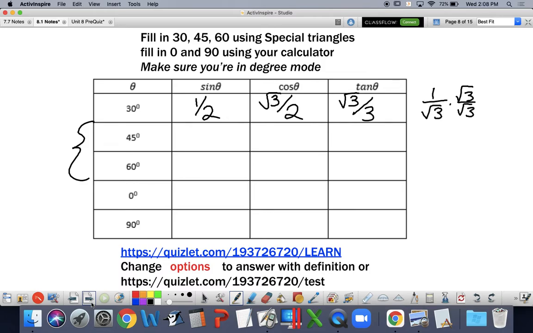Don't worry about the 0 degrees and 90 degrees. We'll do that in a second. Use this one. I don't want x's in there.